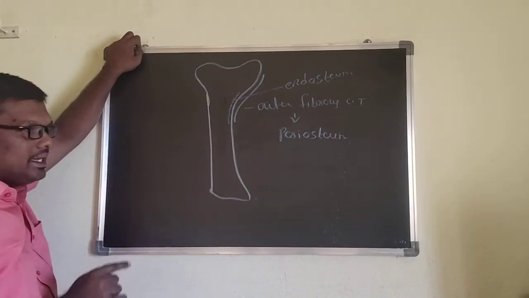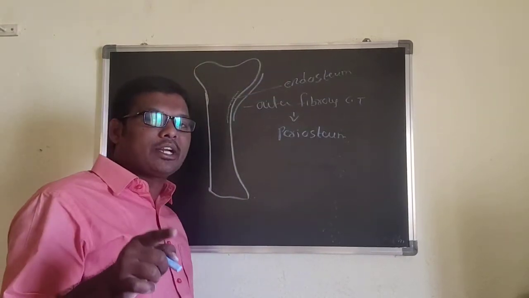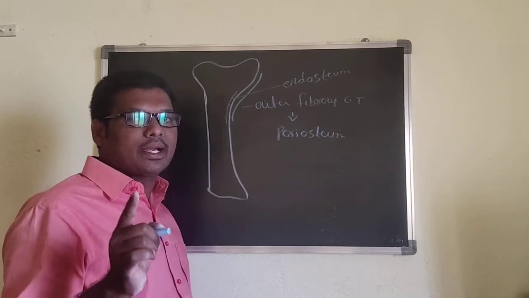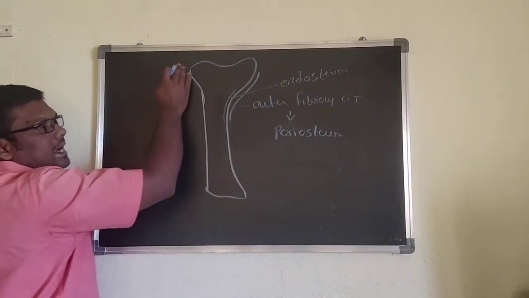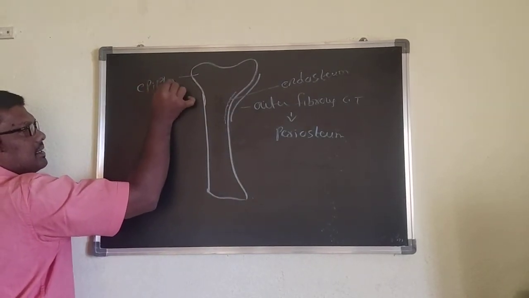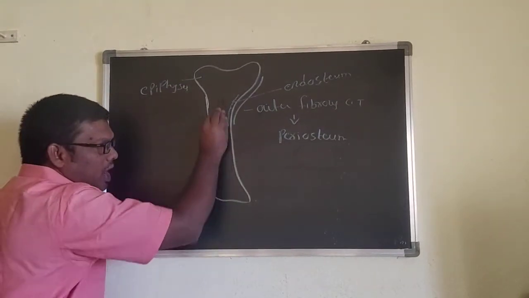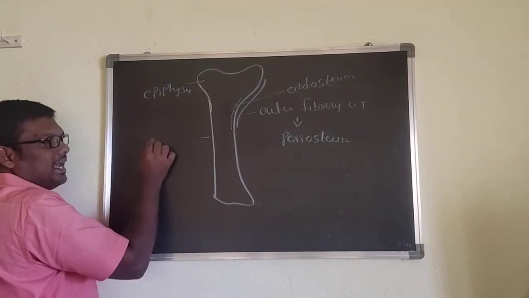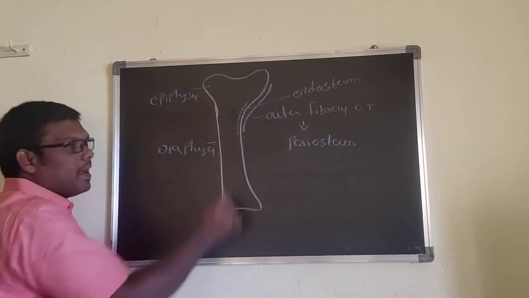I already said, periosteum and endosteum have what type of connective tissue? Dense irregular connective tissue is present. Now in this bone, the expanded part is called the epiphysis, and this long shaft part is called the diaphysis. It has bone marrow.